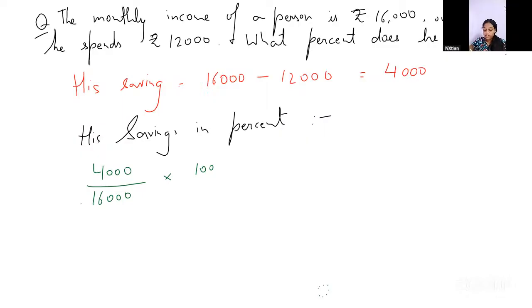Solve it and find out the savings. 0.25 times 100, which equals 25%. Okay? Yes, ma'am. Correct. You cancel, you will get how much? 25%.